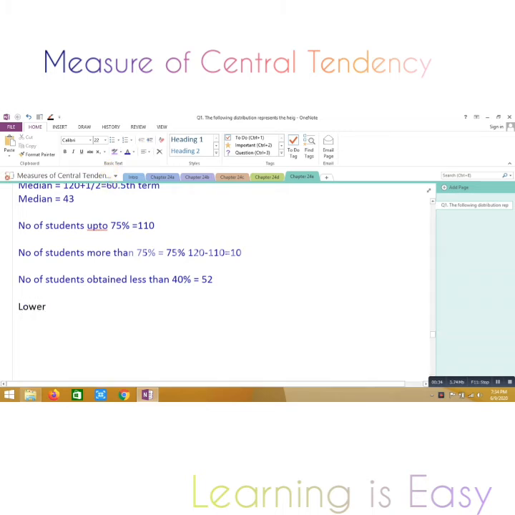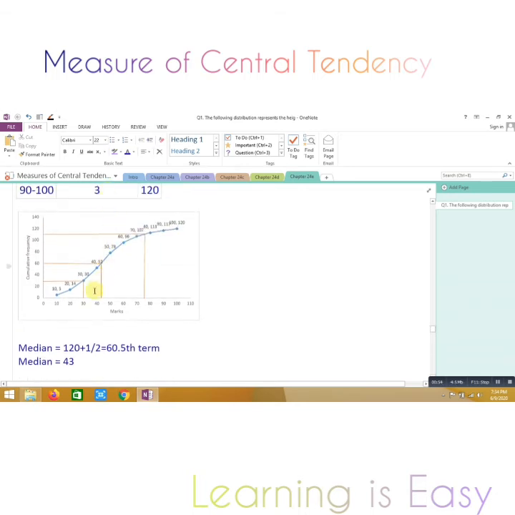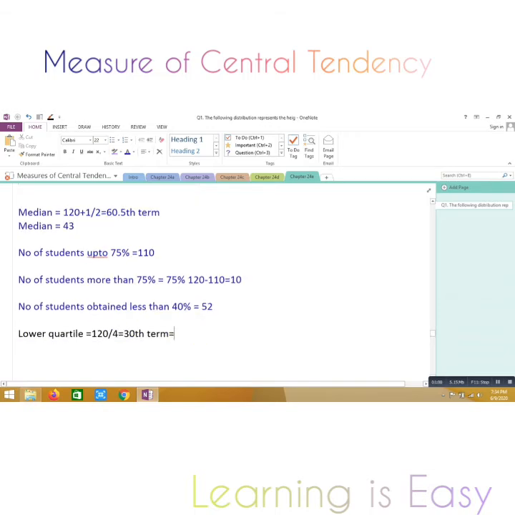So lower quartile is 120 into 1 by 4. So that is 30th term. So in that graph, you can draw a line from 30 in y-axis and draw a perpendicular line where it meets at x-axis. It's again 30.